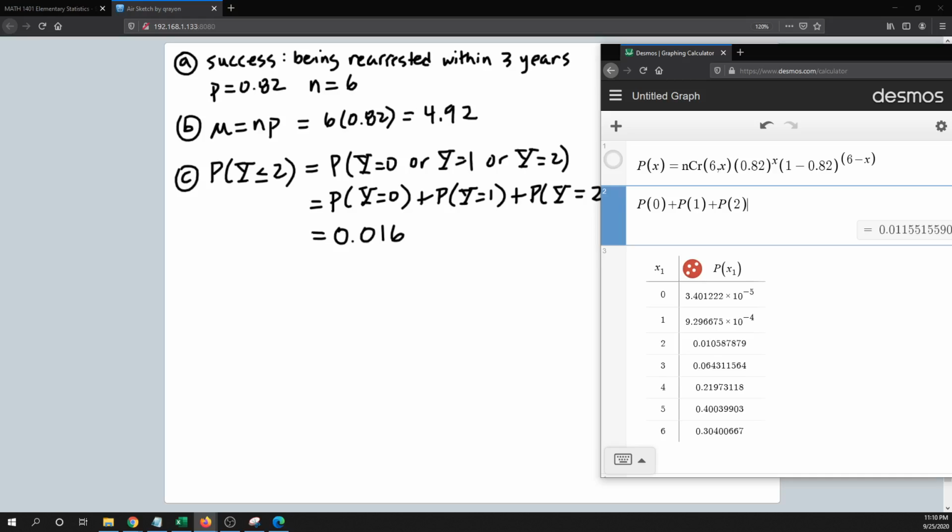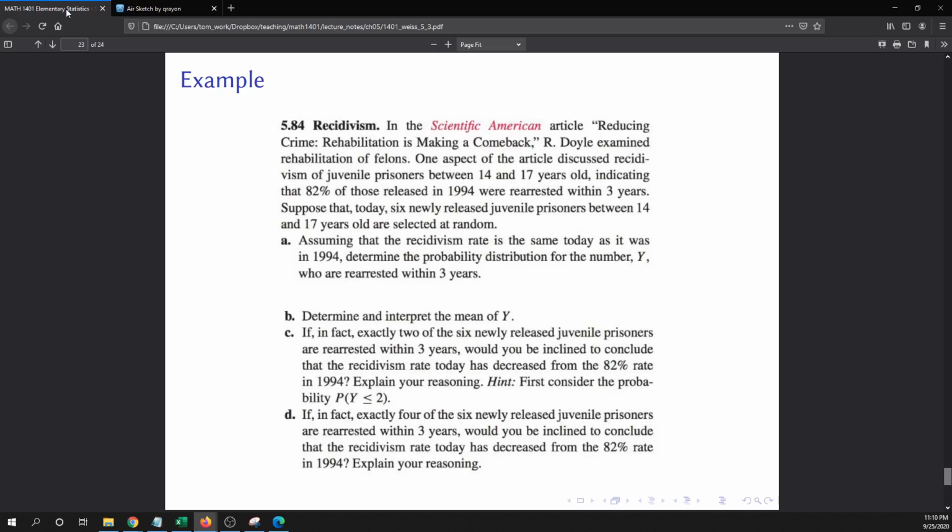Okay, and the question they want us to answer is, if in fact only 2 were arrested, would you be inclined to conclude that the recidivism rate has decreased from 82%? Basically, this data is from 1994, and if I went out today and did it, things could have changed since 1994.